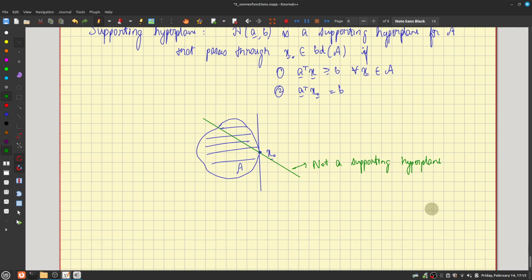All right. And once again, a supporting hyperplane need not exist for arbitrary sets. For example, if I take a set that looks like this, do you think it is possible to construct a supporting hyperplane at, say, this particular point? You can't. So a supporting hyperplane may or may not exist for an arbitrary set A. But again, convexity helps.